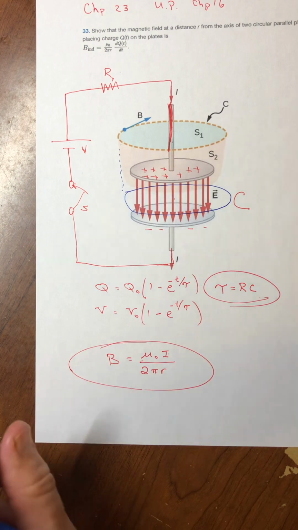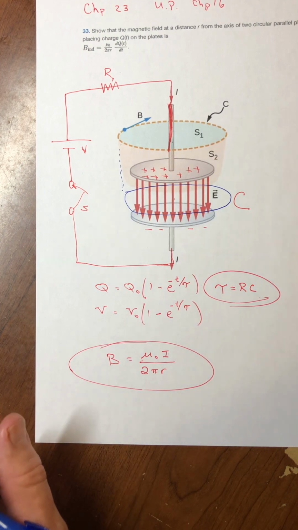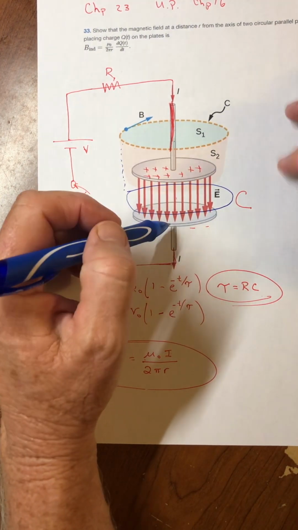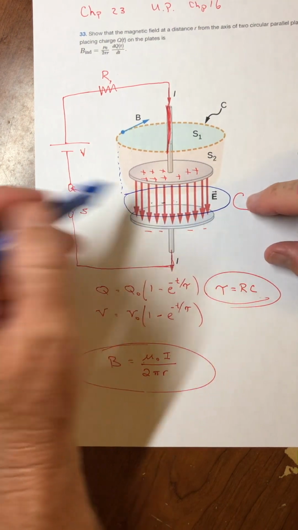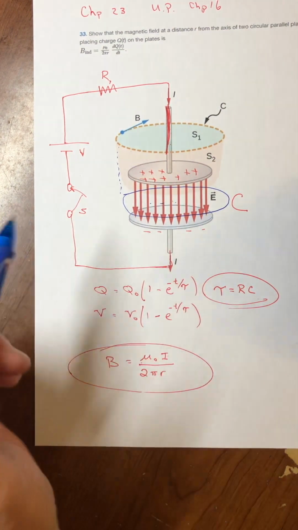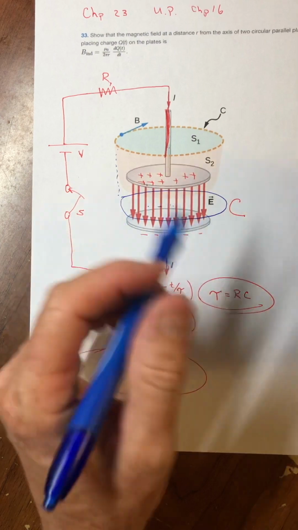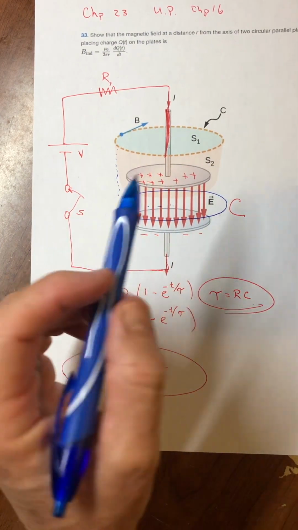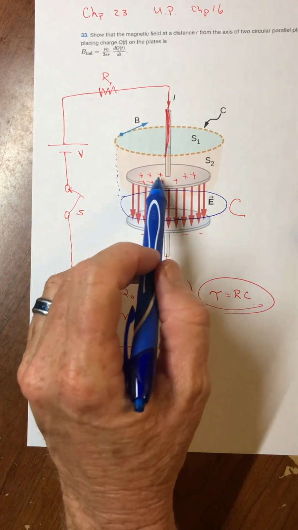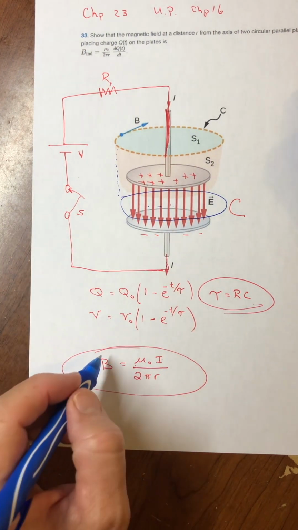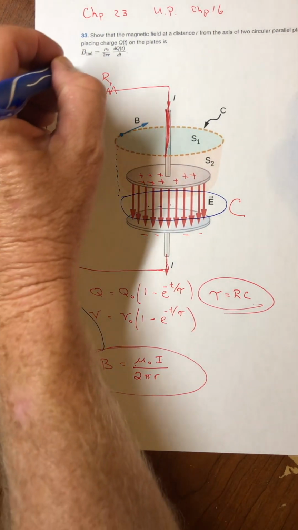In that sense, you would say, well, there's not really a current going through here. There really is a charge that is building up. But that building up of charge really is the current. And that's what this problem is asking you to do.